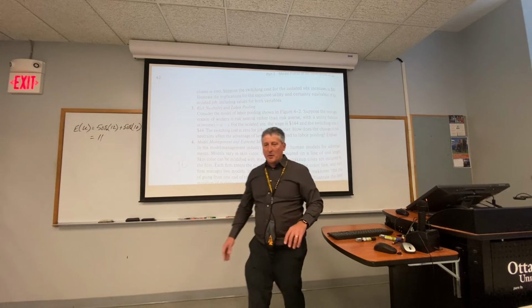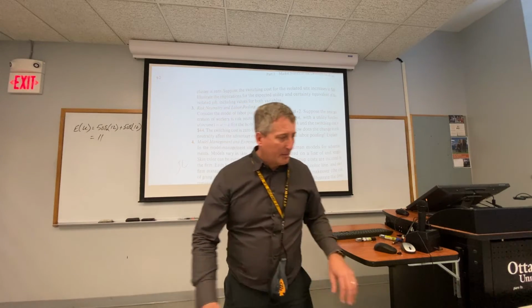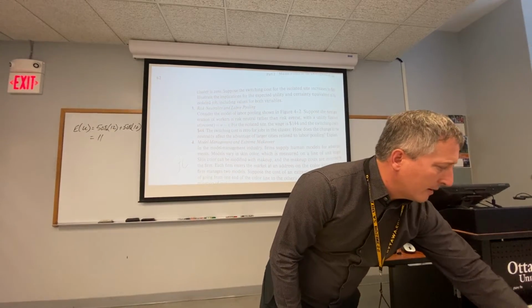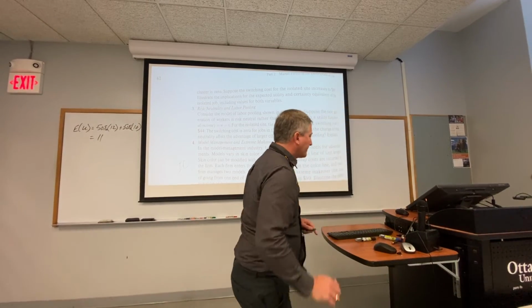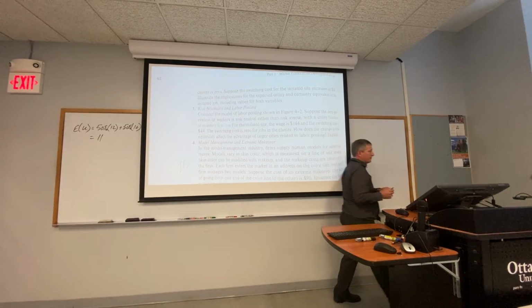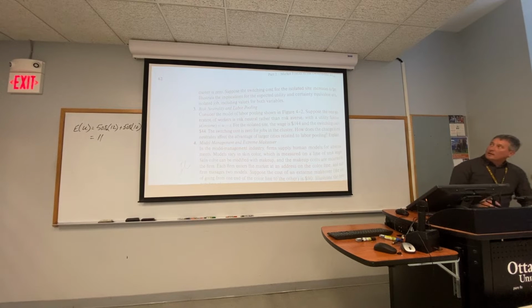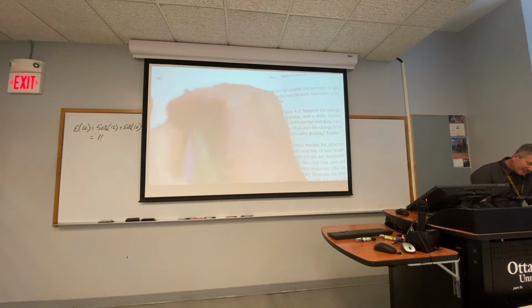The function was utility equals W to the 1/2. So why don't you work with your neighbor, see if you can put that together. I'm just going to rewrite it in the margin since it's on the other page.